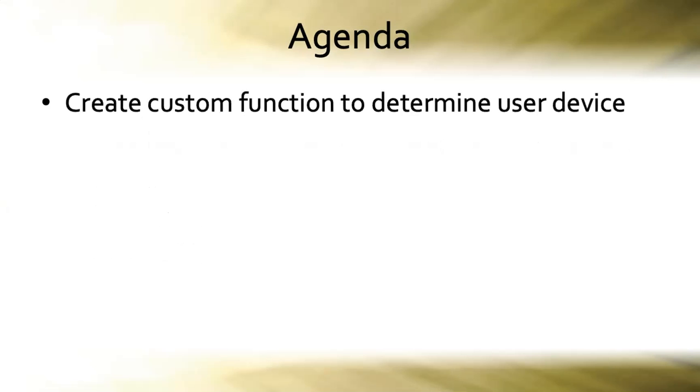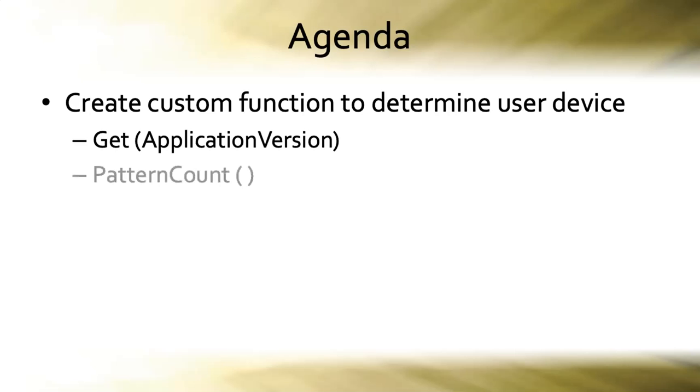Then we're going to create a custom function to calculate the device or application by which a user accessed our database. In that custom function, we'll be using the getApplicationVersion function along with pattern count and the case function.